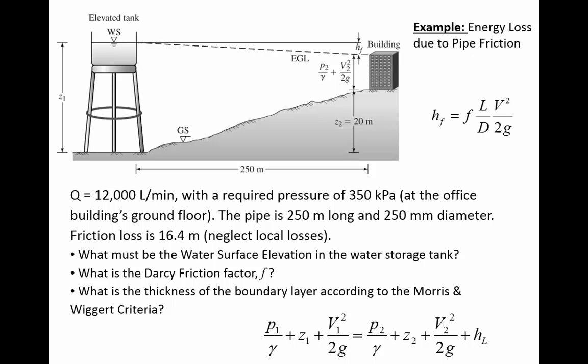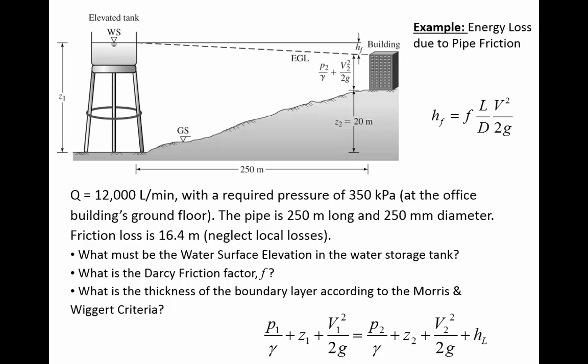Each bend or valve or transition has its own K value assigned, where a nice smooth bend like this maybe would have a K of 0.4, and a really rapid transition like this that's going to induce more turbulence might have a K value of 2.0. You can get those K values from tables in the text, or manufacturers of fittings will provide K values. In this case, they're saying, let's neglect the local losses between the reservoir and the building, and instead just assume that H sub F is equal to 16.4.